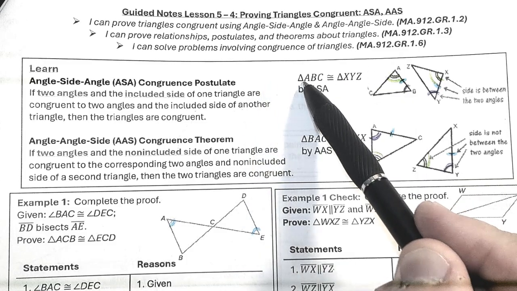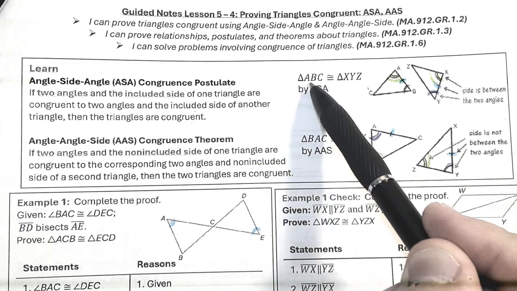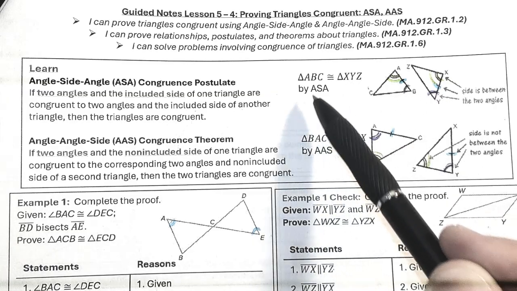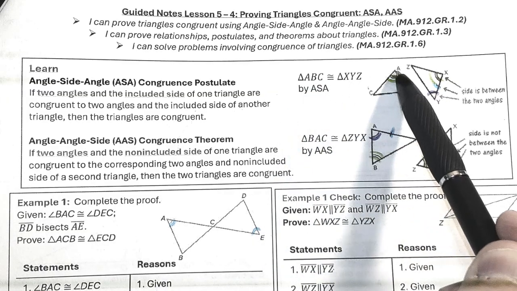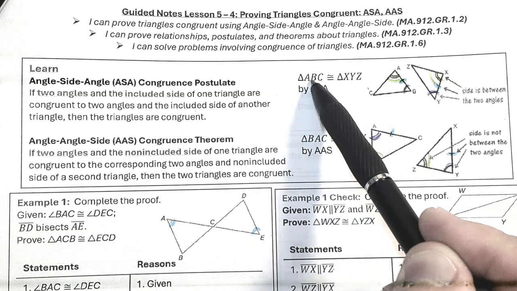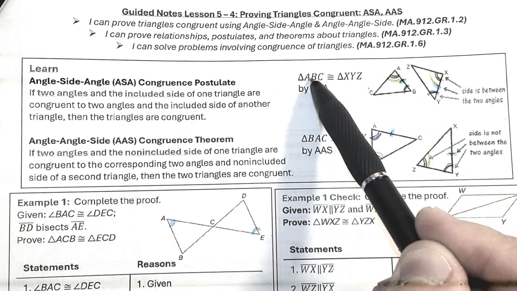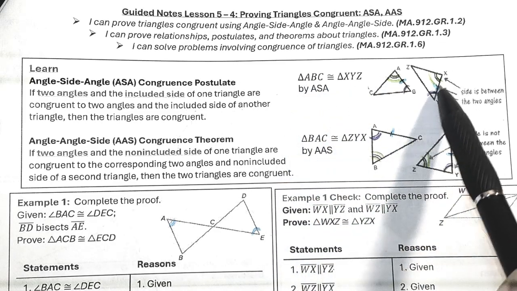Your first letter, A, goes with X, B with Y, C with Z. And likewise, AB, that's the first two letters, so XY.